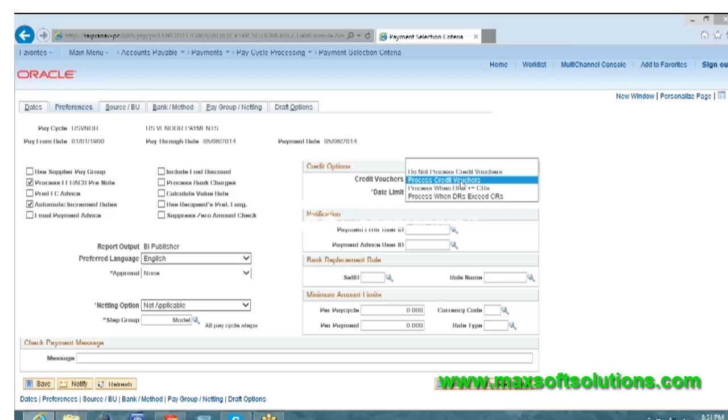Normally, when you run the pay cycle, it will look at the vendor balance. If the debit balance exceeds the credit balance, then only it will pick the invoice in the pay cycle.